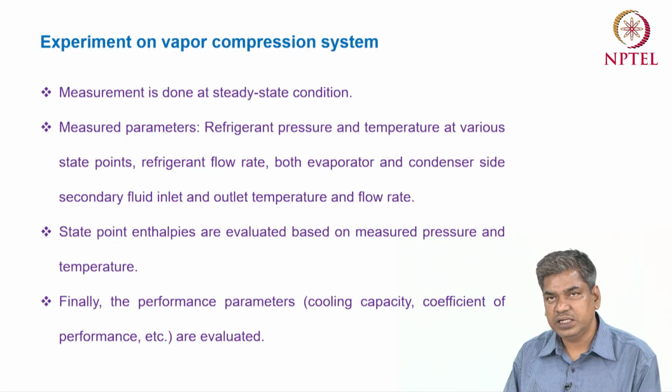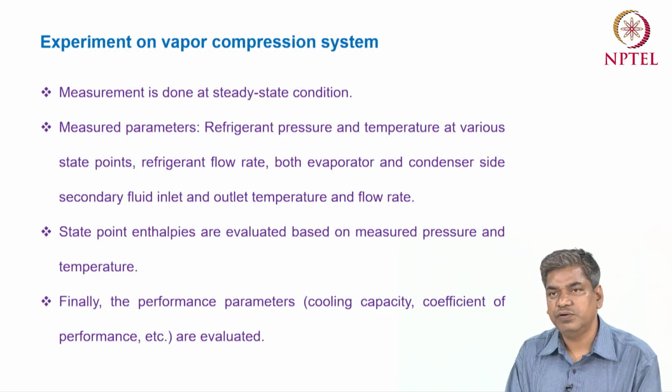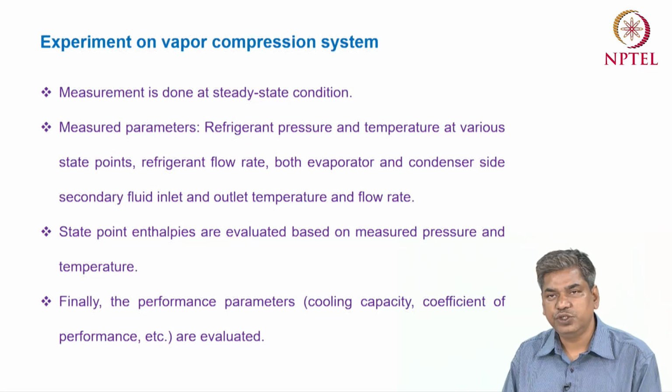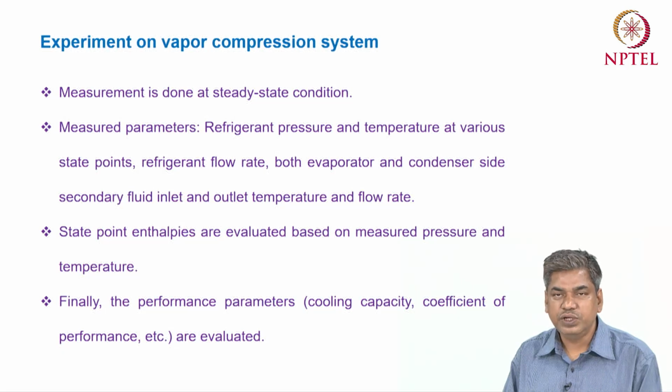By measuring the state point temperature and pressure, we can evaluate the enthalpies at the various state points, and finally based on those enthalpies and the mass flow rate of the refrigerant, we can calculate the cooling capacity of the system and the COP of the system. Those performance parameters we can evaluate based on the measured quantities of the vapor compression system.